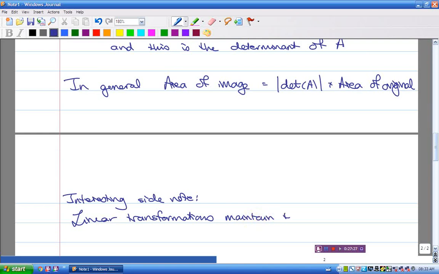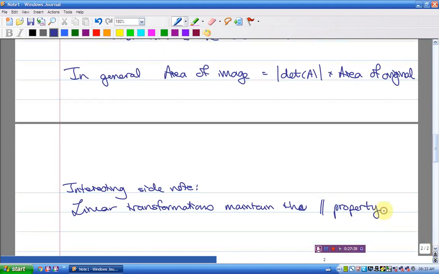Parallelness, basically. You can write parallelness if you want, but I don't think it's a word you'll find in the dictionary. Two parallel lines transform to two parallel lines.